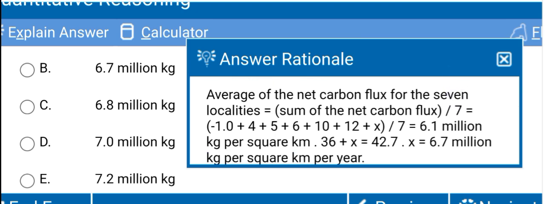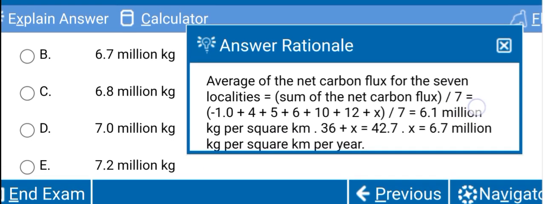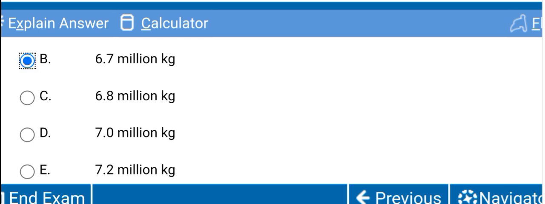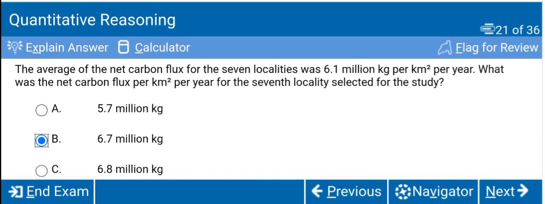So 36 plus x equals 42.7, equals 6.7 million kilogram per square kilometer per year. So that's how we can say the correct option is option B, which is 6.7 million kilogram.